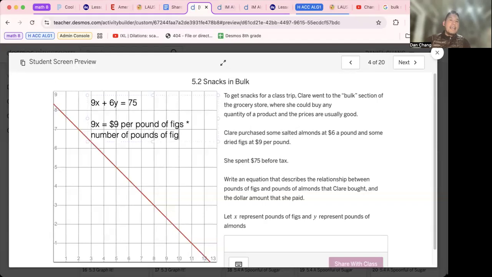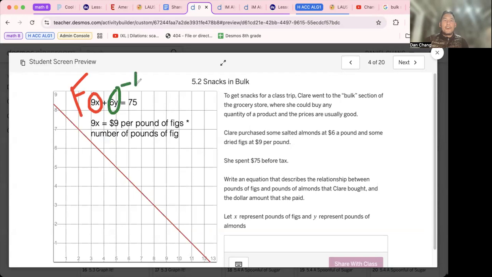So 9x is itself a quantity. This is just the figs, the cost of the figs. And 6y is just your almonds, the cost of just the almonds, right? You add those together, you should get 75, like the total cost.